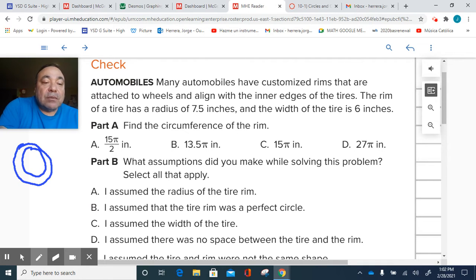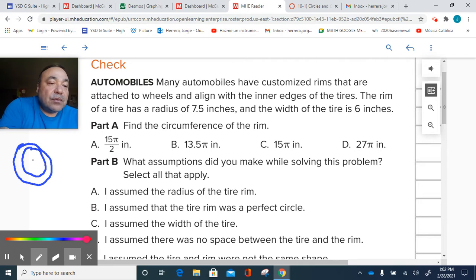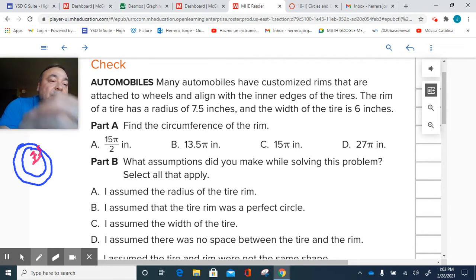The radius, from here to here, is 7.5 inches. So the radius equals 7.5 inches. And the width of the whole tire, guys, this one right here, is 6 inches.